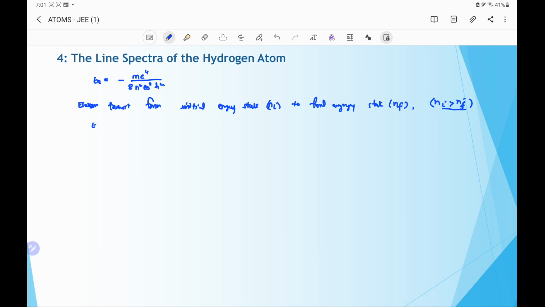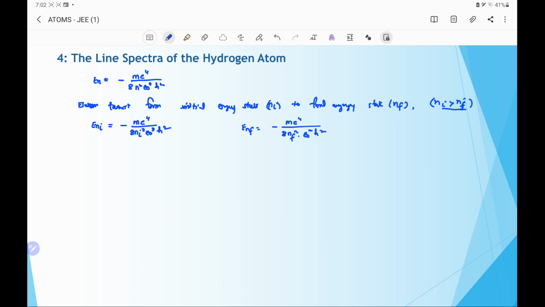So we can write the energy of the Ni orbit is equal to minus m e raised to the power 4 by 8 Ni square epsilon naught square h square, and E Nf, the final energy state, is minus m e raised to the power 4 divided by 8 Nf square into epsilon naught square h square.